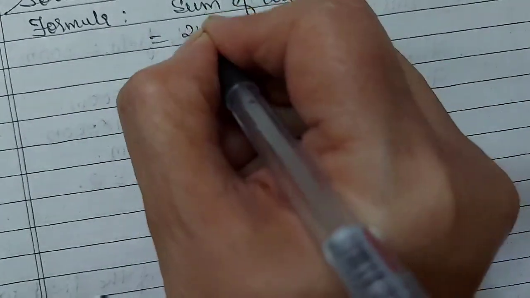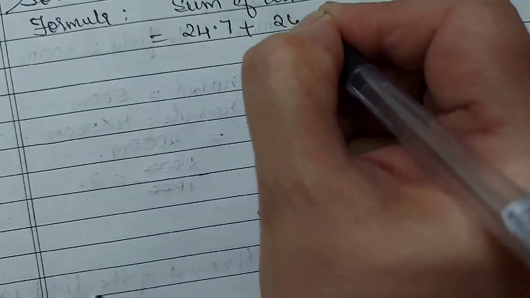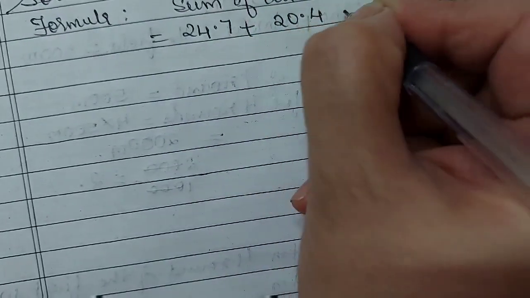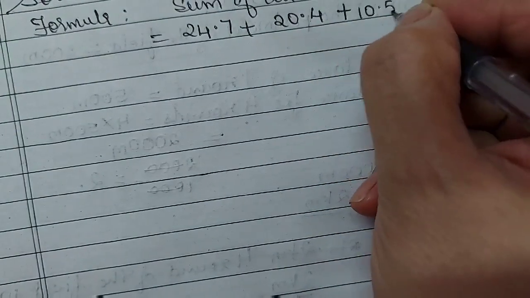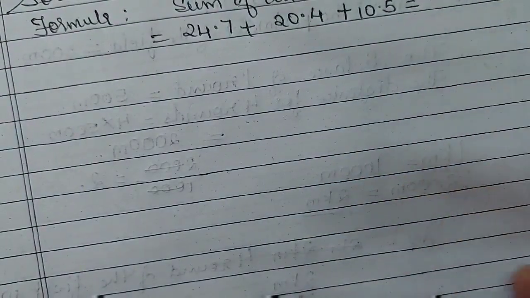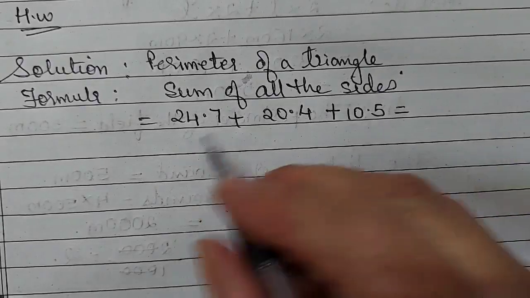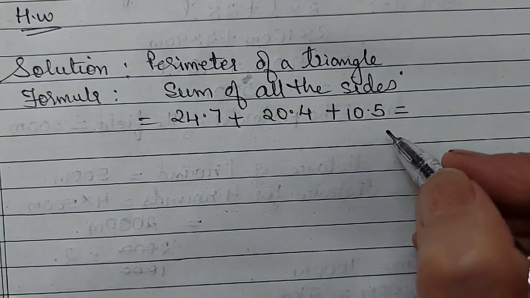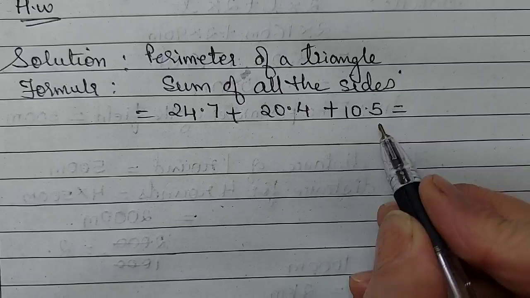Is equals to 24.7 plus 20.4 plus 10.5 is equals to. Now you can arrange it or you can add it horizontally also, however you feel it easy. You can do it like this.